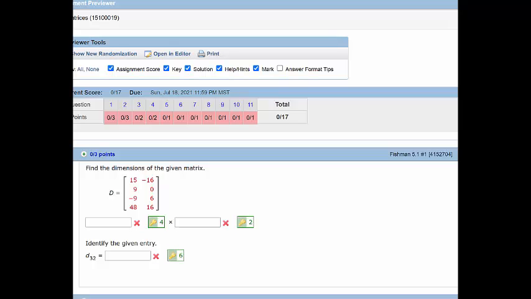Of the matrix. Do you see, guys, the question here? It says find the dimensions of the given matrix. So how many rows do you see here? Can you guys count how many rows?